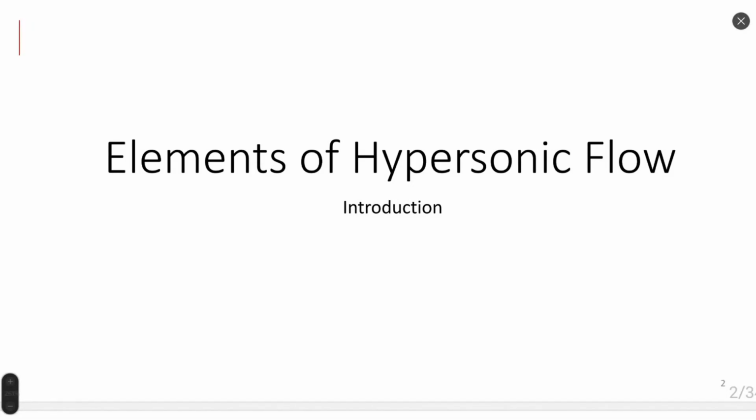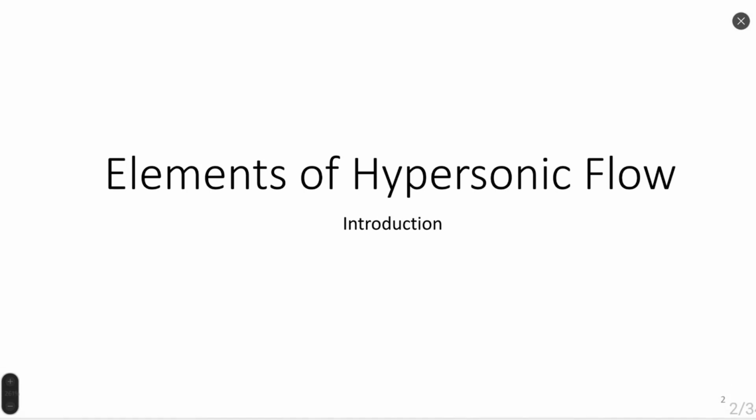Okay, I see no questions, so I think we can start Hypersonic Flow, chapter 14 from the book, devoted to flow at a very high Mach number. Hypersonic flow starts from approximately Mach 5. There is no exact definition, but usually people use Mach 5 as the limiting factor between supersonic and hypersonic flow.